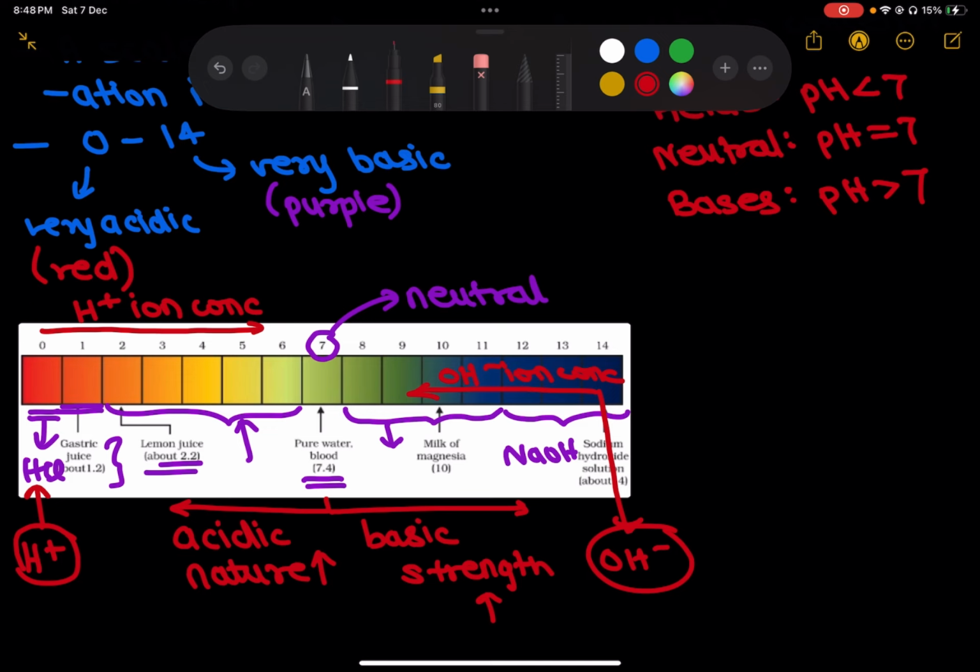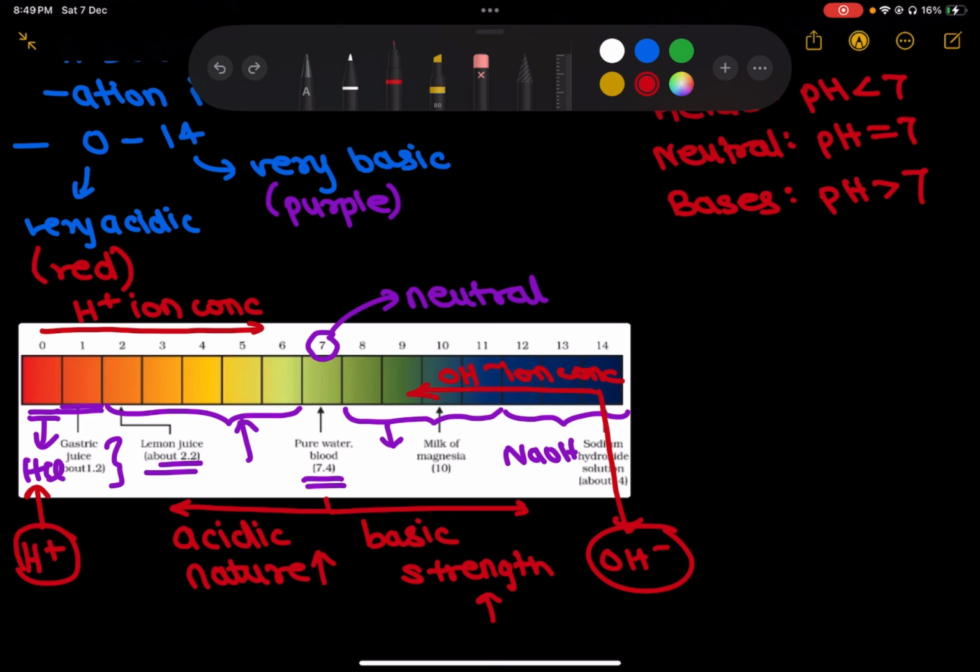Correct? So basically, a universal indicator is used to find this. A paper which has drops of universal indicator is used to find the pH of solutions. And you have this pH color scale on the sheet of universal indicator paper. It is usually a very pale yellow color, and it changes color according to how acidic or how basic the solution is.